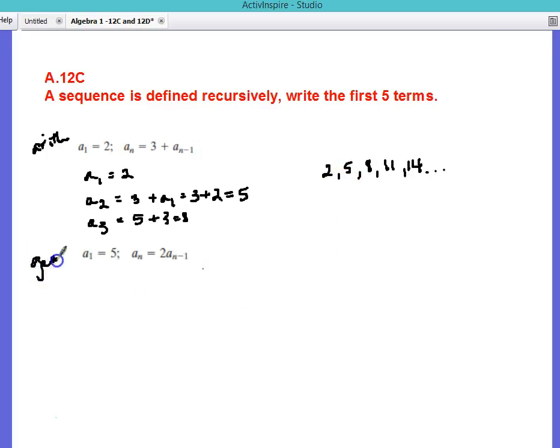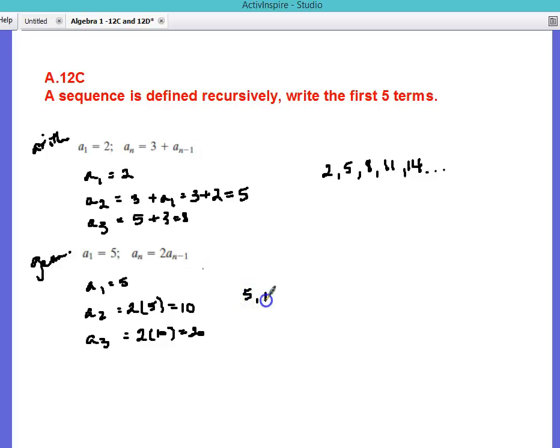Geometric example, we've got A sub 1 is 5, and our pattern here is 2 times the term before it. So in A sub 2, this would be 2 times the one before it, which was 5, which is 10. We want to show this process pattern for our kids so they know what's happening and where I'm getting these numbers from.